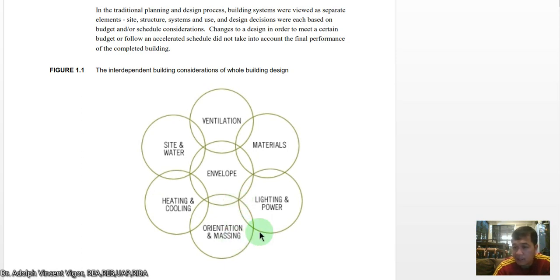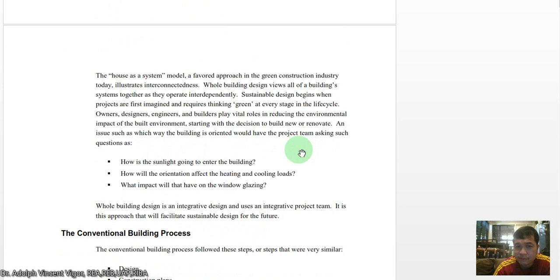Because massing plays a huge role also, class, especially if the location of your development is within an area where you could maximize the airflow. And you have here lighting and power, and the materials. So these are the different interdependencies and considerations of a whole building design.